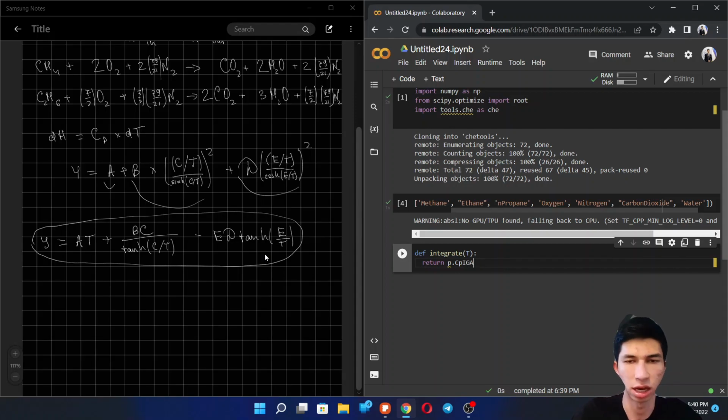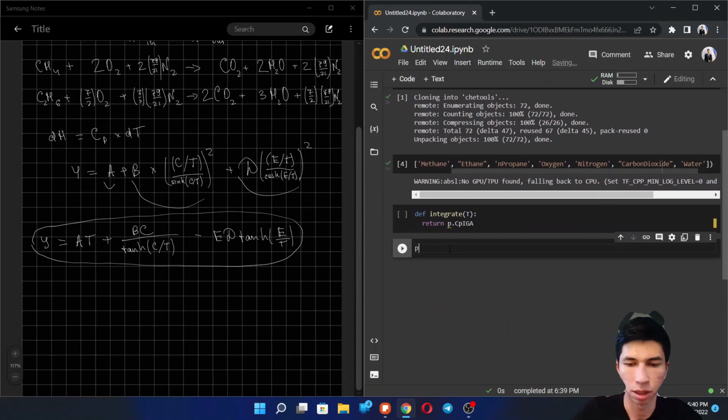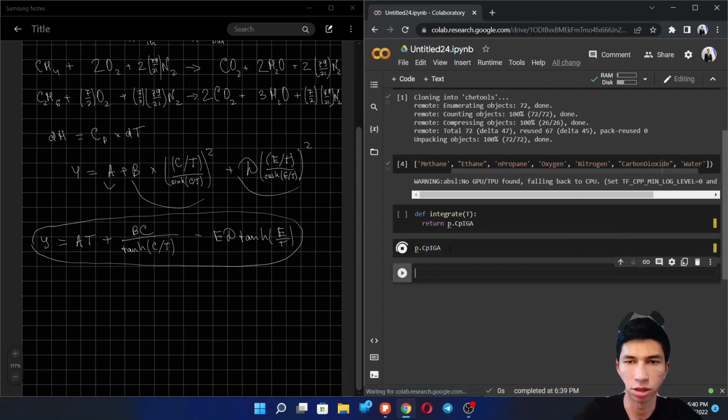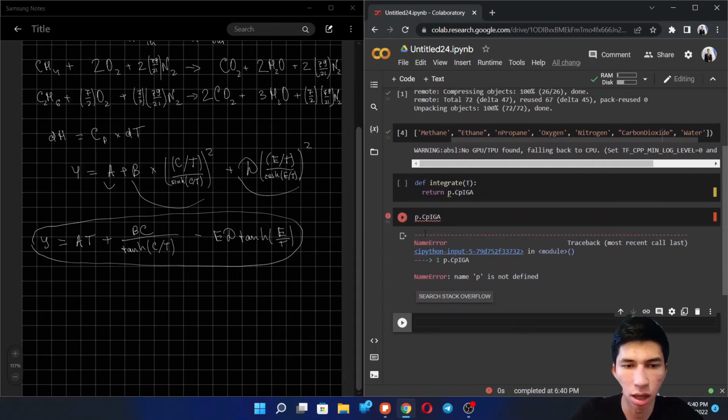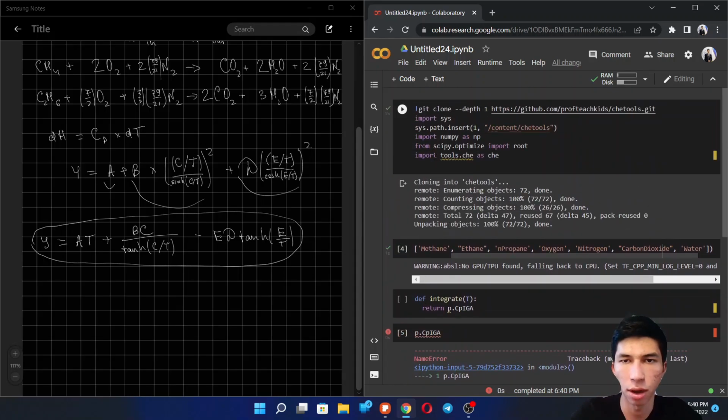Okay, let's just check that before we actually run it. P dot CPIGA, right? Okay, let's just run it. Name P is not defined. Oh, here I see.